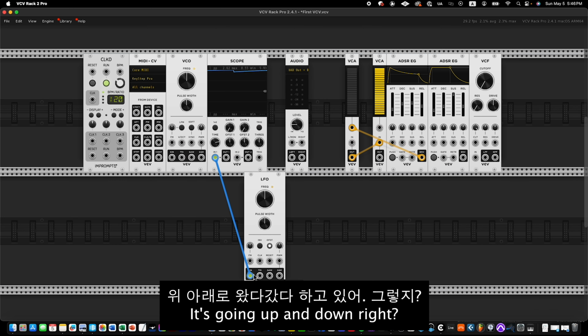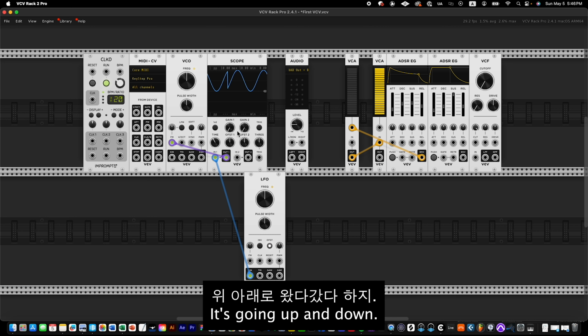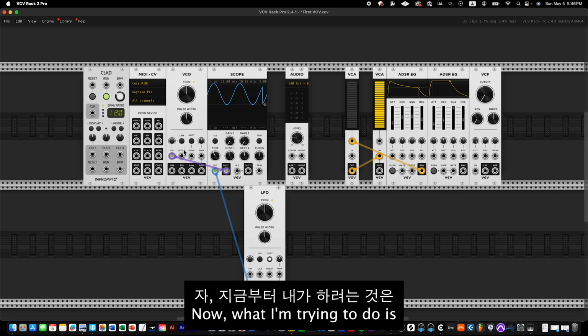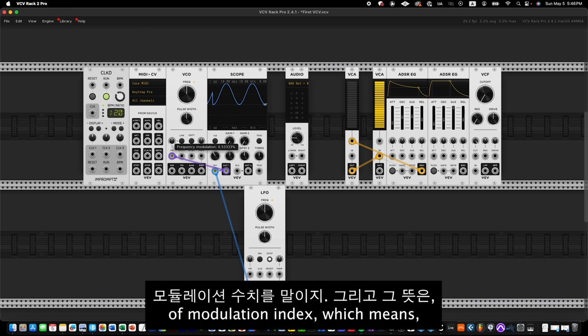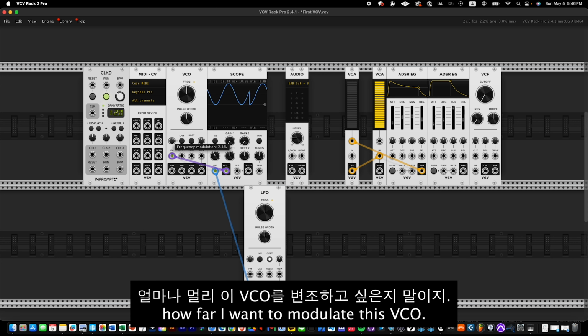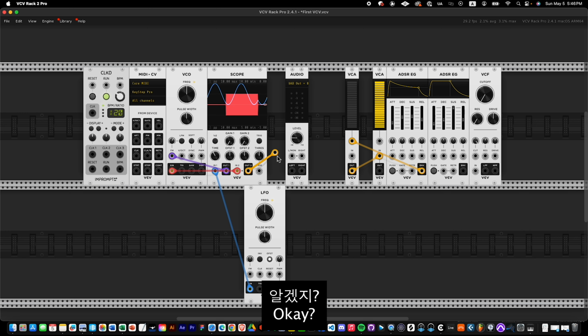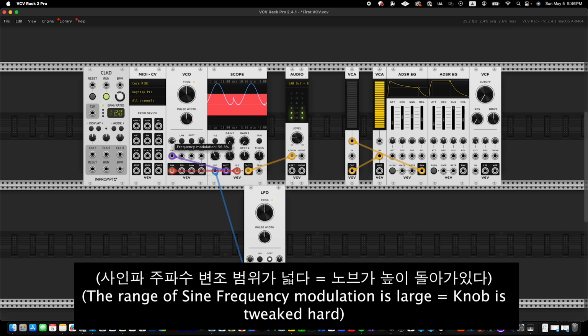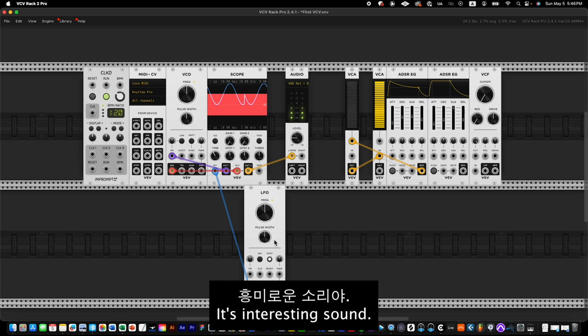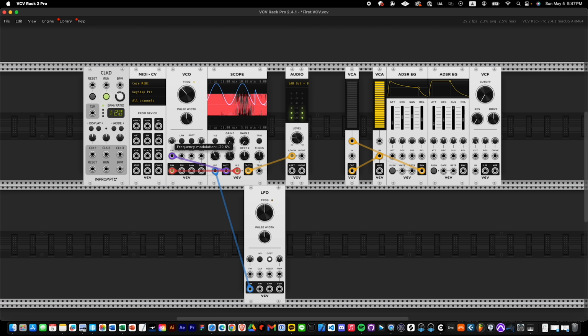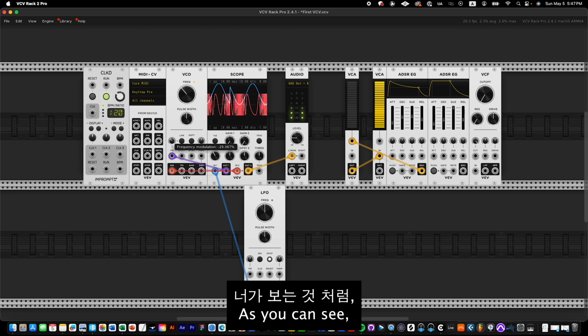Now, I'm going to increase the frequency modulation index, which means how far I want to modulate this VCO. It's an interesting sound.